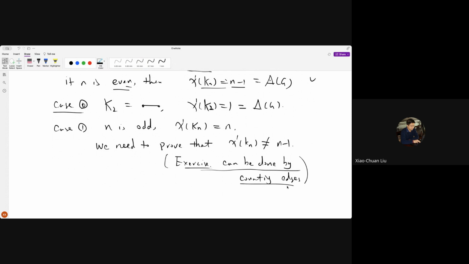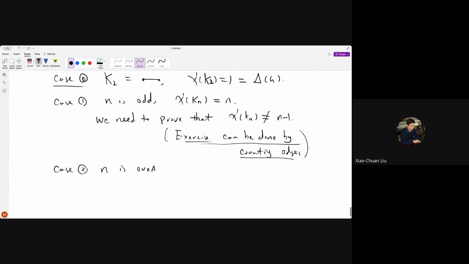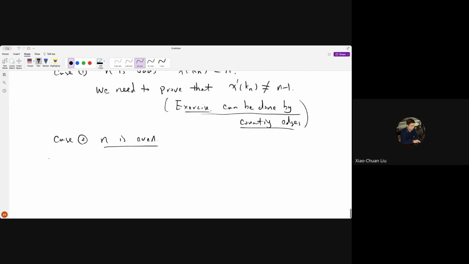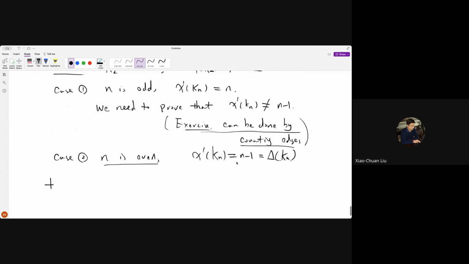Okay, so in fact, I want to show case 2, n is even. It's an interesting proof. The goal is to prove that when n is even, the chromatic index is n minus 1, which equals the maximum degree of Kn. It's a stronger result than Vizing, because Vizing says that it's at most n.